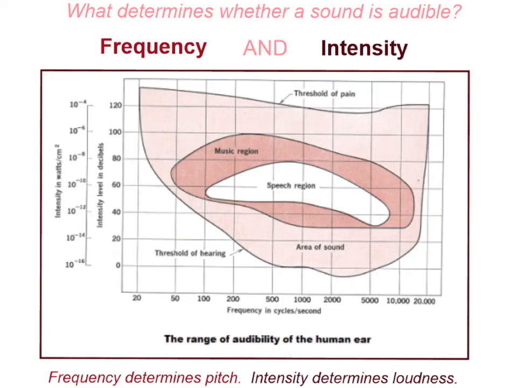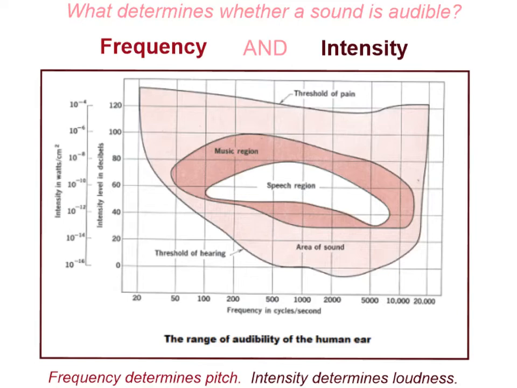So what determines whether a sound is audible? Remember we talked about frequency being a determining factor, and that human hearing ranges from 20 to 20,000 hertz as far as frequency goes, but intensity is also very important in determining whether a sound is audible.